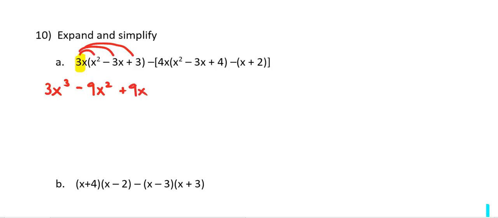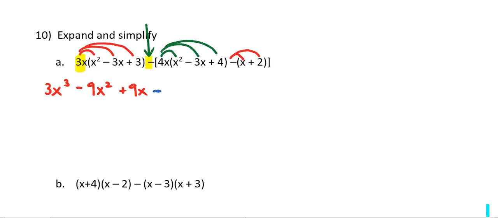Okay. Now there's a minus sign right here in the middle, and what we're going to do is put the minus sign right next to that red 9x, but what we should do first is distribute the 4x onto the brackets, and then we're also going to distribute this negative sign onto that x and that positive 2, and then we're going to take care of this negative sign.